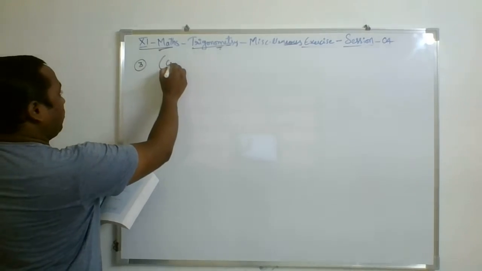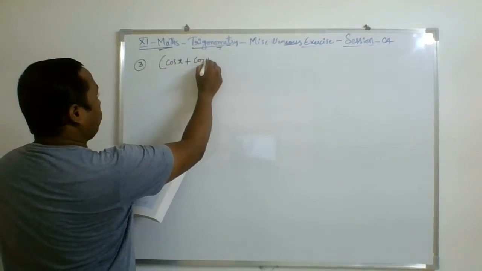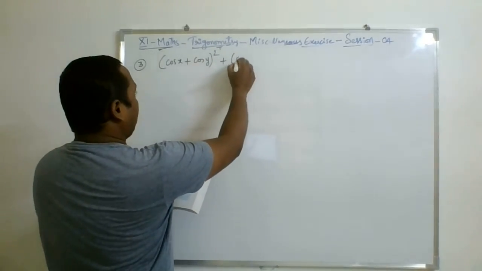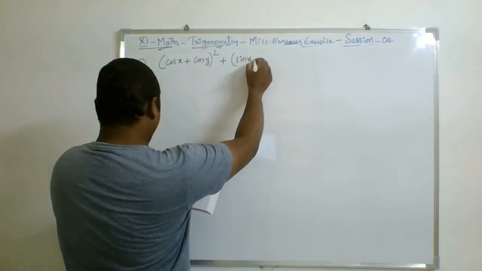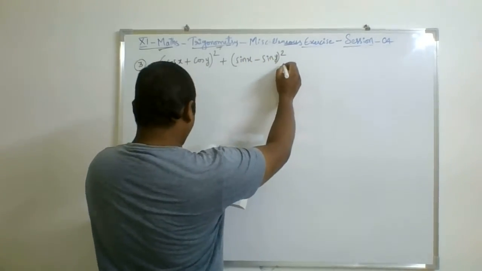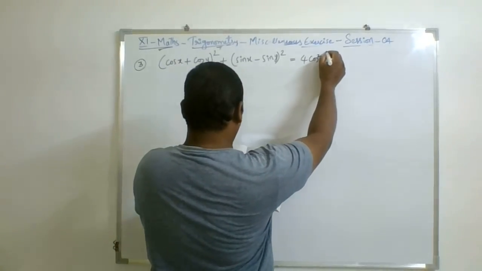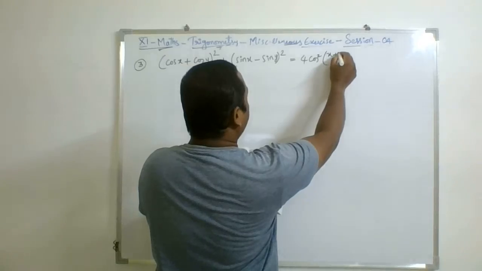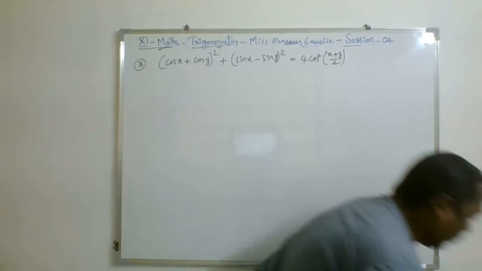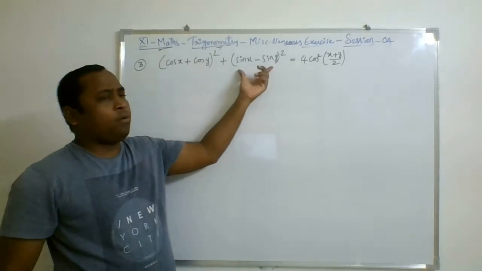What we have is (cos x + cos y) whole square plus (sin x - sin y) whole square is equal to 4 times cos square of (x + y) by 2. If you see, it's directly formula based.